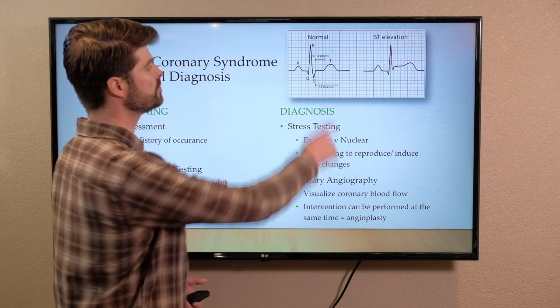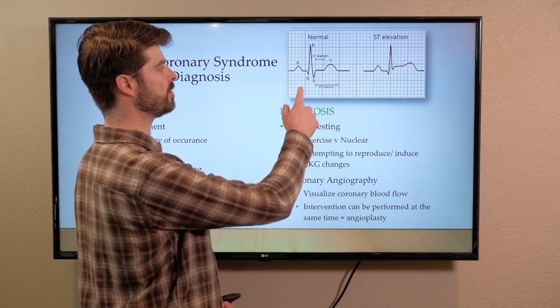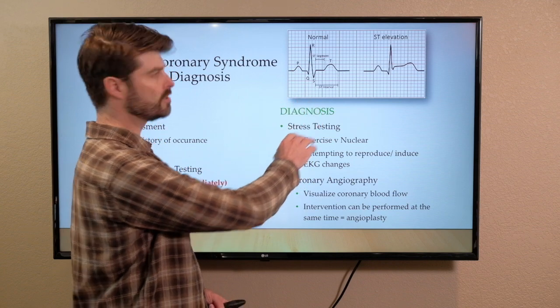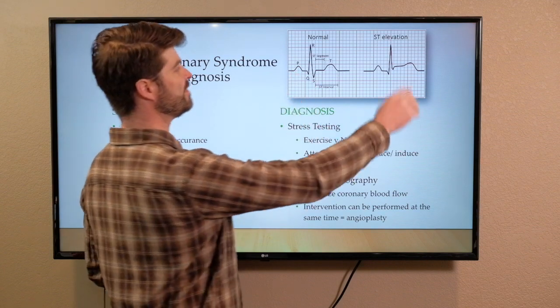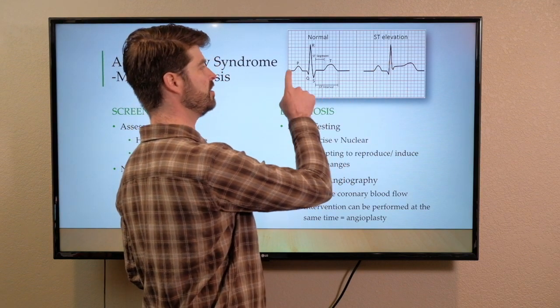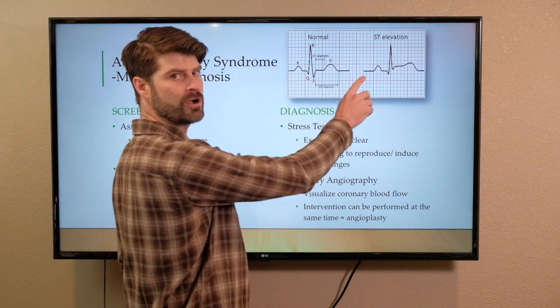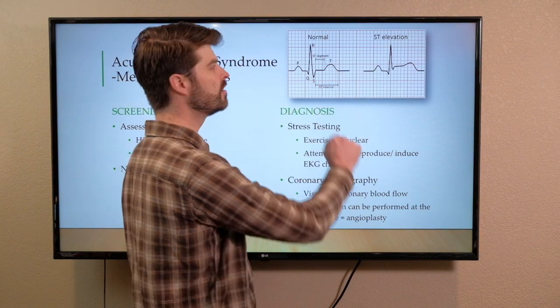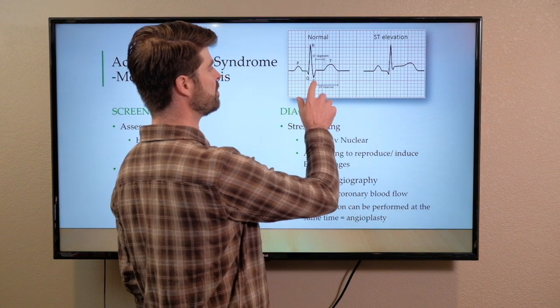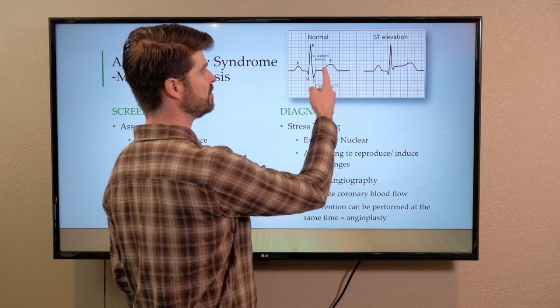Here's what that is. So here's our normal EKG. This one's so normal, it looks like it was not drawn by a human. So yeah, very, very normal. This is ST elevation. So we're looking at the baseline right here. We have a consistent baseline all the way across this normal EKG. ST elevation, we're talking about our ST segment, which is here to here.